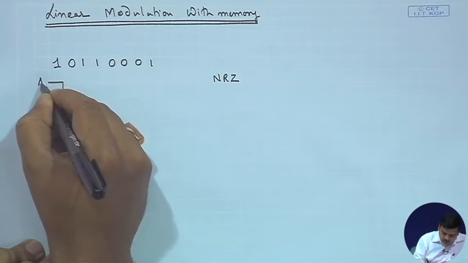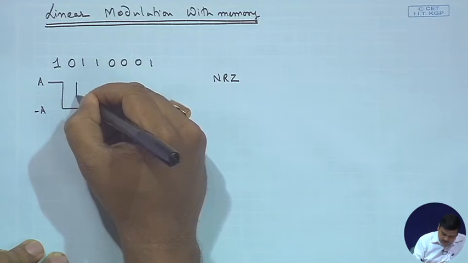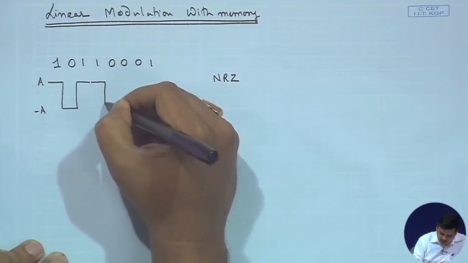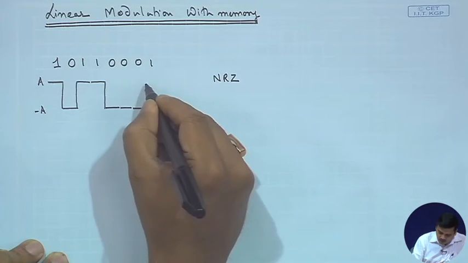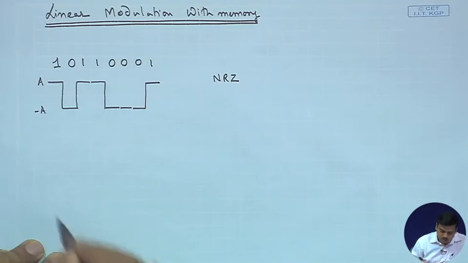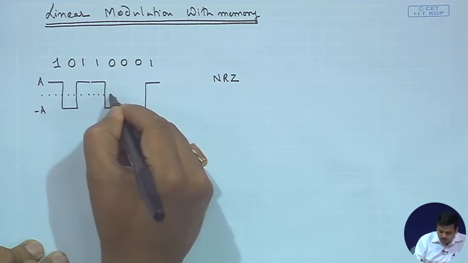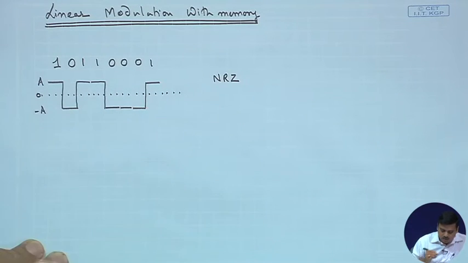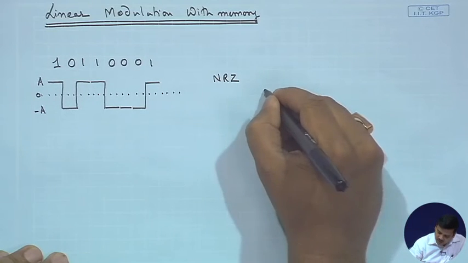So, this is plus A, this is minus A, and again whenever there is a 1, you send plus A, whenever there is a 0, you send a minus A, and so on and so forth. So, this is the 0 level. This is memoryless modulation clearly.